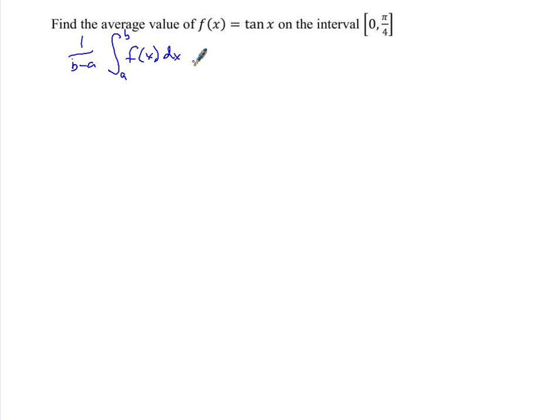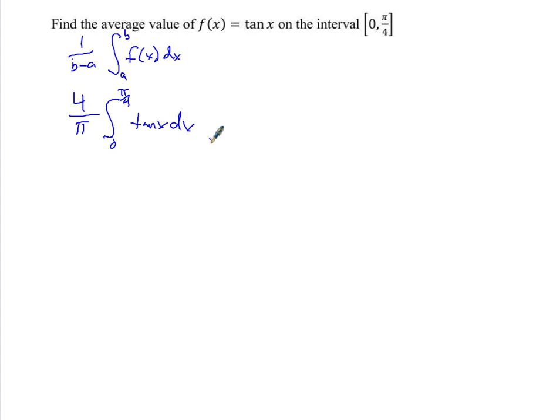So next, what do we have? 1 over b minus a is 1 over pi over 4, which becomes 4 over pi. Integral from 0 to pi over 4. Good. Outstanding. If only we knew what that integral was.